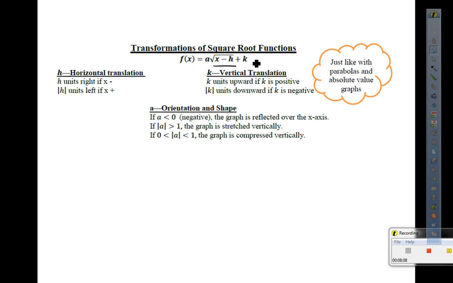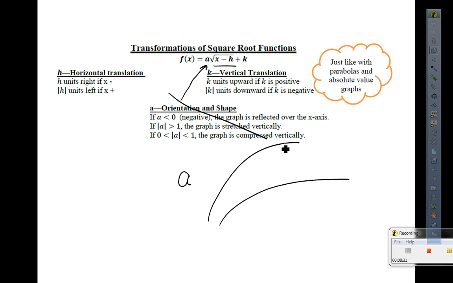And then the k out there is going to move it up or down. The a out here is either going to make it grow faster or not as fast. We're not going to worry about this a lot today. We're going to graph these by plotting points, so it'll take care of itself. We're not going to worry about this part at all. We did before, that was that stretch vertically or compress.